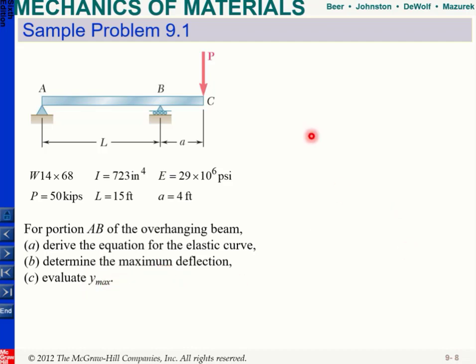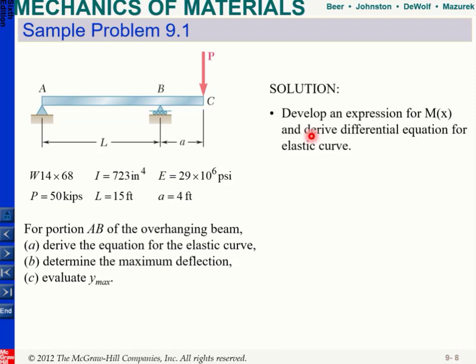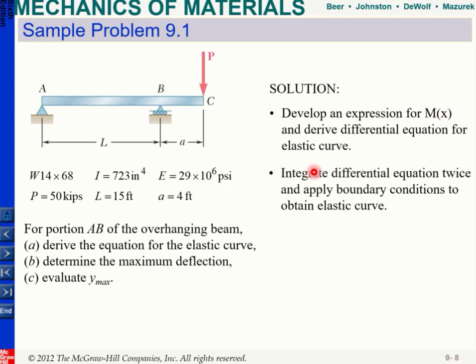Okay, and I want to find where it happens and also what is the value of that maximum deflection. So what I need to do is write my moment, because if I can find my moment, I can integrate it twice and I can get the equation for the elastic curve. Okay. All right.